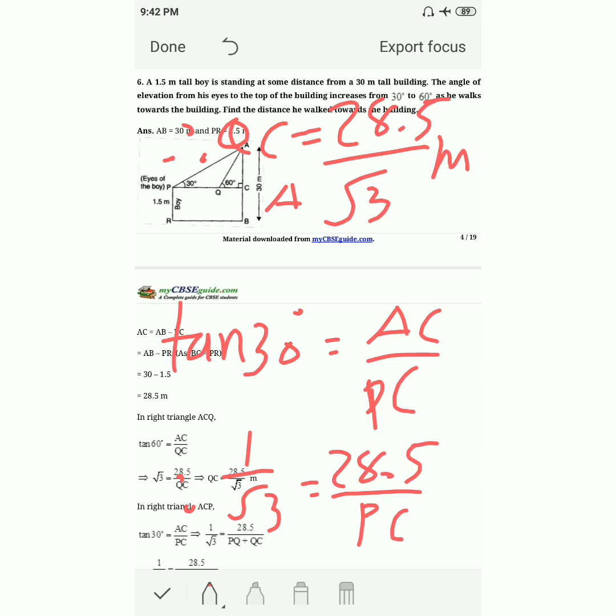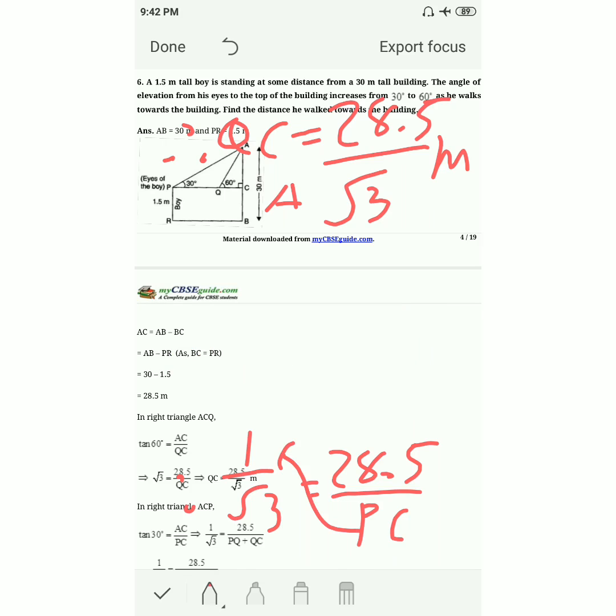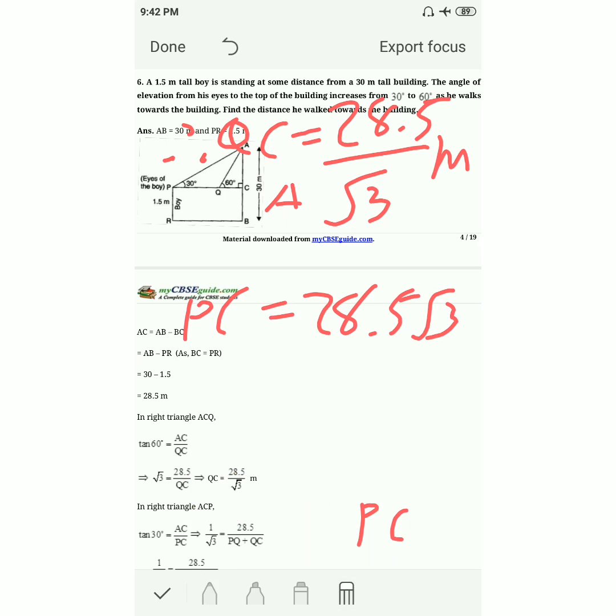PC we need to find. So for finding PC, we can transfer PC to the left hand side. It goes to the numerator, so PC into 1 is PC. Now transfer this root 3 to the right hand side. Root 3 is in the denominator, so it goes to the numerator. So PC is equal to 28.5 root 3 meters.